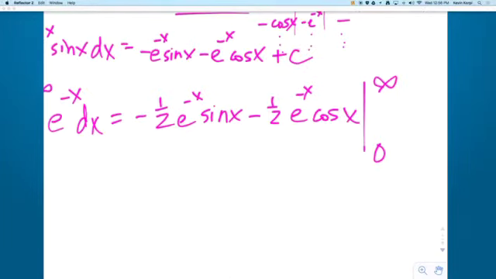All right, so let's see what happens. When I plug in the top, I plug in infinity. Well, e to the negative x is in both terms. What does e to the negative infinity approach? 0. So I'm going to have a 0 times sine of infinity, which is technically DNE. But think of sine of infinity as just being some number between 1 and negative 1.